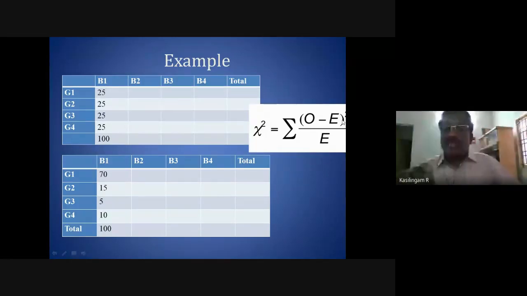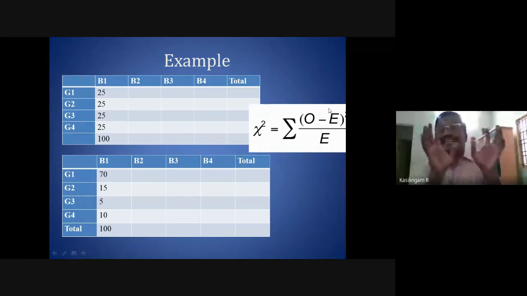When I get more than 26, then my observed is more than the expected, so my chi-square value increases, which means there is an association. We will reject the null hypothesis.